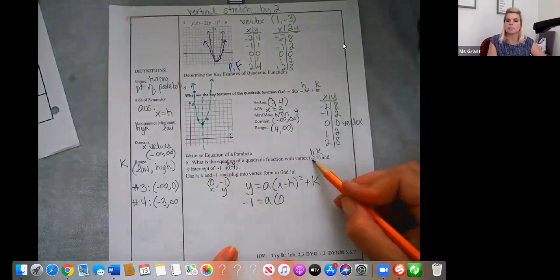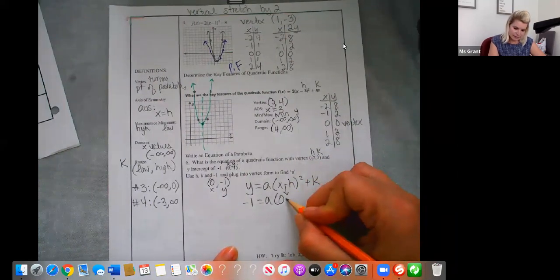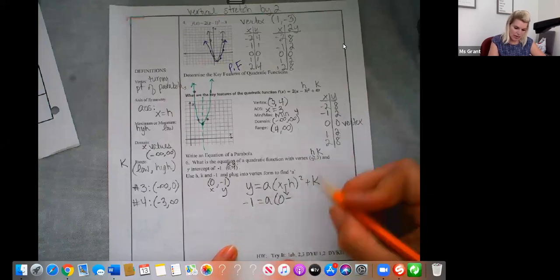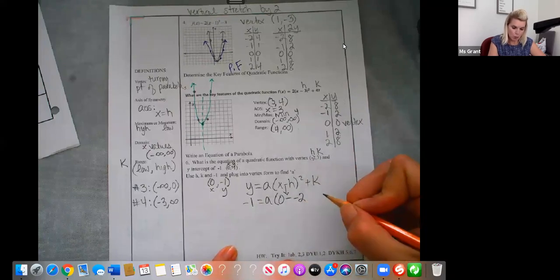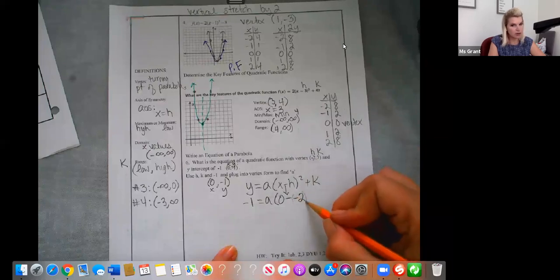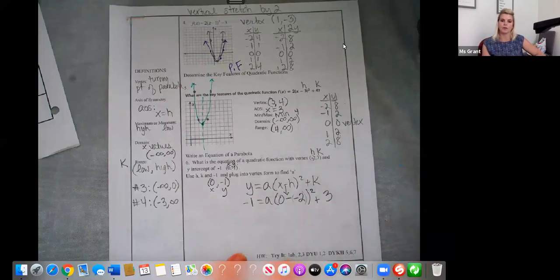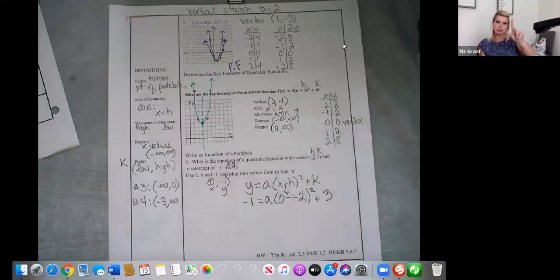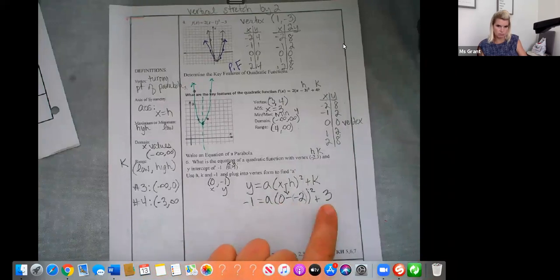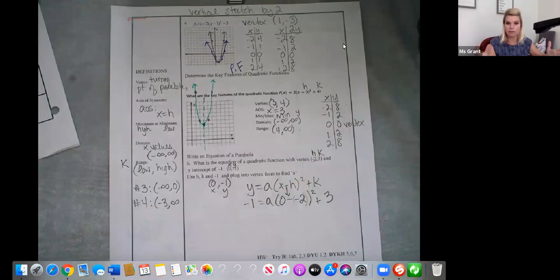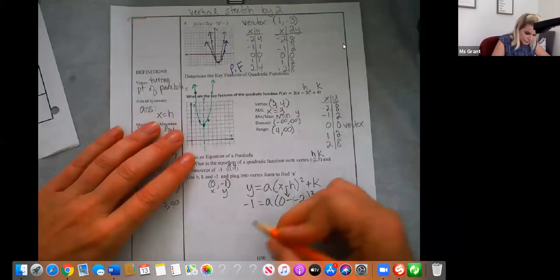H is negative 2. Be careful. Minus h. H is negative 2. Do you want me to put it in parentheses for you so you know? Plus k. K is 3. I plugged in h, k, x, y. Solve for a. 1 equals.